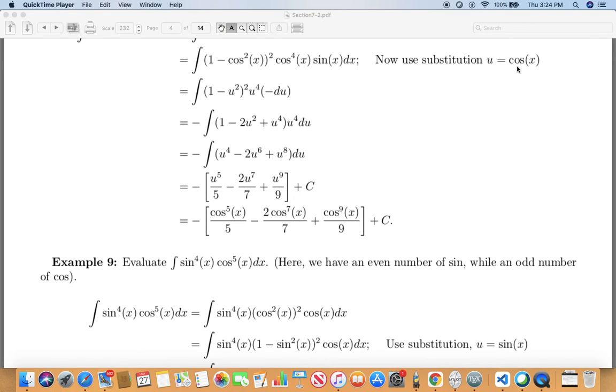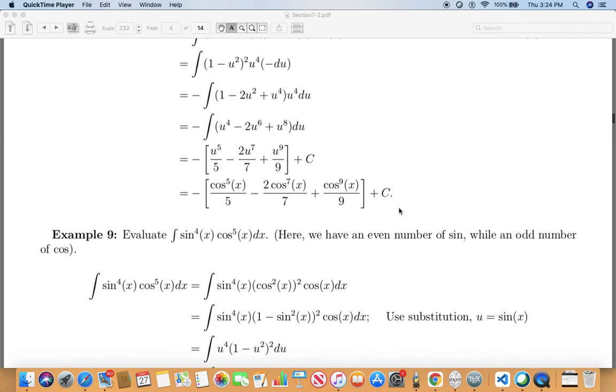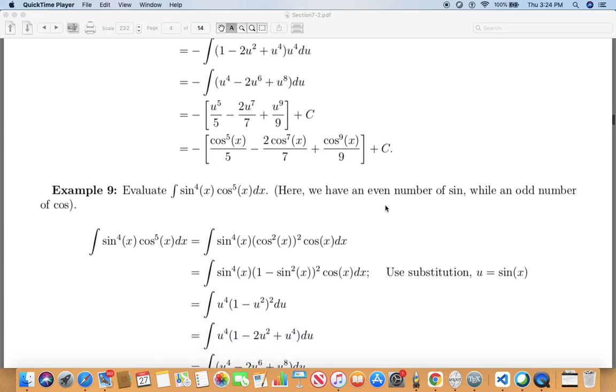Don't forget u is cosine x, so negative outside: cosine power 5x over 5, minus 2 cosine power 7x over 7, plus cosine power 9x over 9, plus a constant of integration.